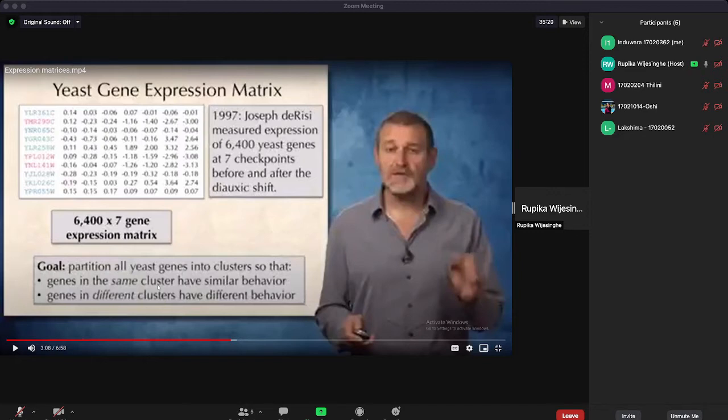I think you have learned two good properties of clusters. What are the properties of good clusters? Two properties.